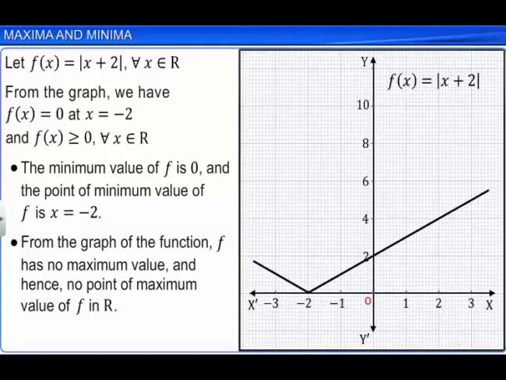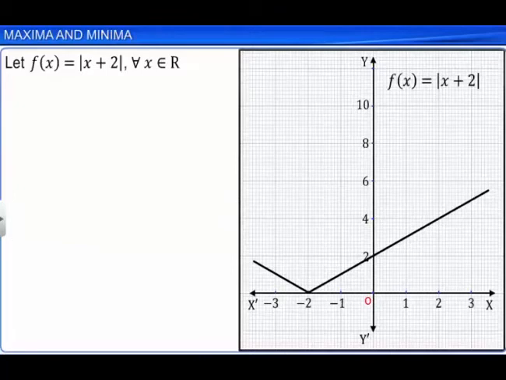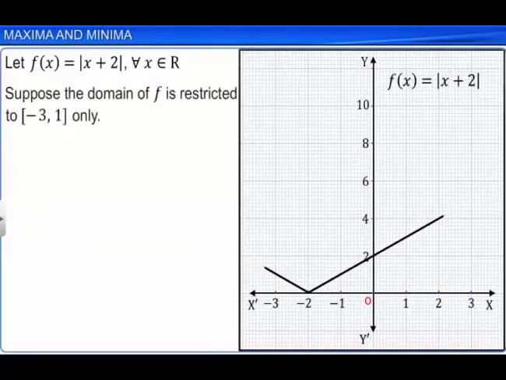However, if we restrict the domain of function f to some closed interval, then its maximum value also exists. For example, let us restrict the domain of the function f to the closed interval [-3, 1].